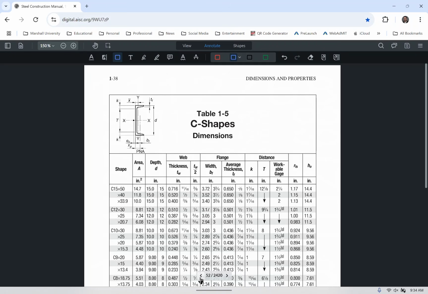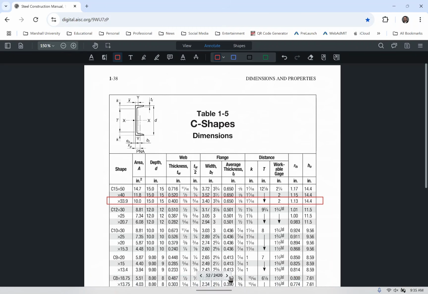C15 by 33.5. Obviously, based on our gross area, nothing down here is going to work. We have to start here, right? So try a C15 by 33.9. Is it going to work on the radius of gyration side?